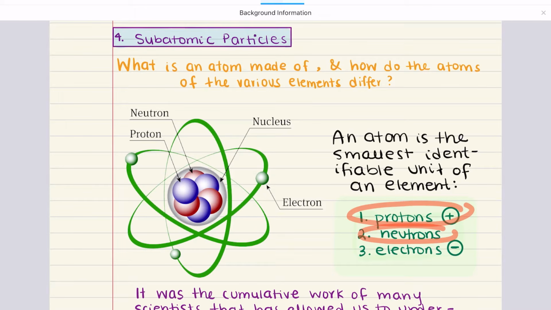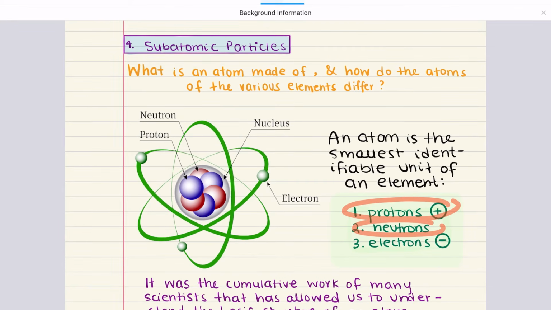We already said also that protons are positively charged, neutrons have no charge, and electrons are negatively charged. Now, the protons and neutrons define the mass of the atom, while the arrangement and movements of electrons determine the atom's chemical properties and reactivity.